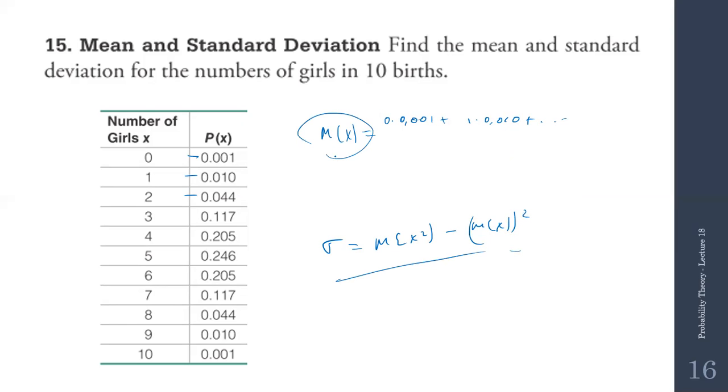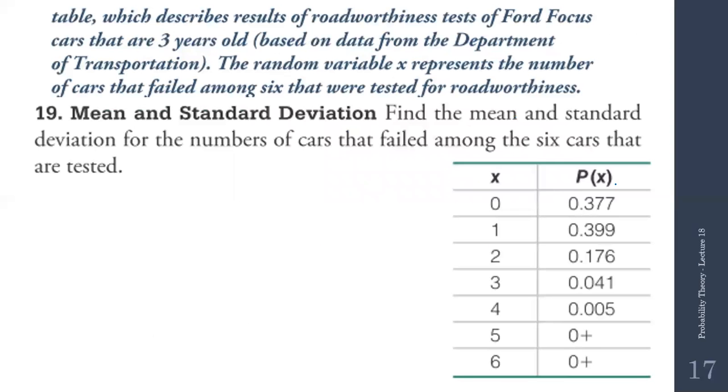We calculate M(X squared), which is 0 times 0.001 plus 1 times 0.010 plus 4 times 0.044, etc. And we calculate the mean and standard deviation for this one. This is the mean and standard deviation for the numbers of cars that failed among the 6 cars that are tested.